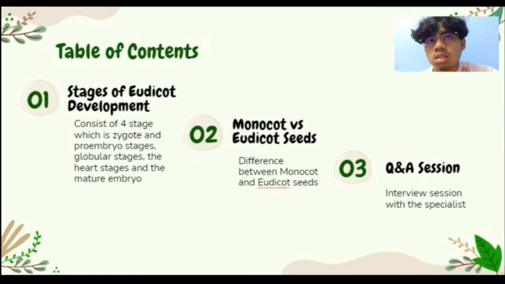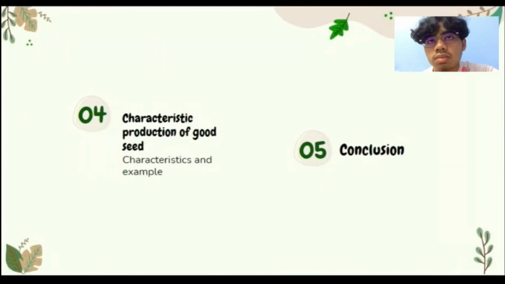The third one is a Q&A session, an interview session with the specialist, which is Mr. Najib. The fourth one is characteristics of production of good seed, characteristics and examples of good seeds. And 5 is the conclusion of our project.